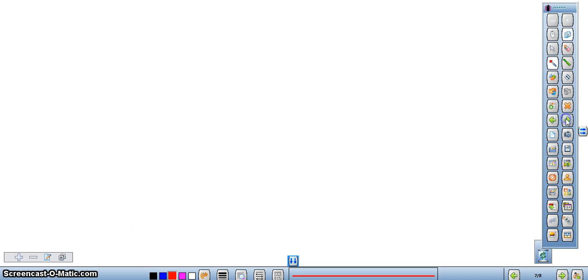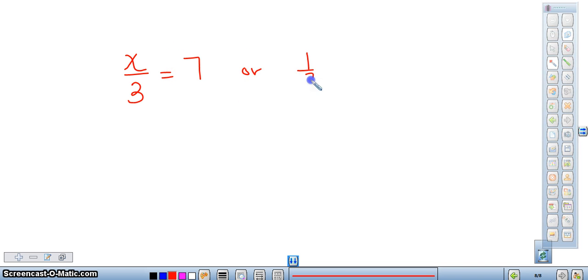The question often comes up: what if instead of having x divided by 3 is equal to 7, I have this problem, 1/3 times x equals 7? What is the inverse of multiplying by 1/3? Well, remember, the reciprocal of 1/3 is actually 3/1.